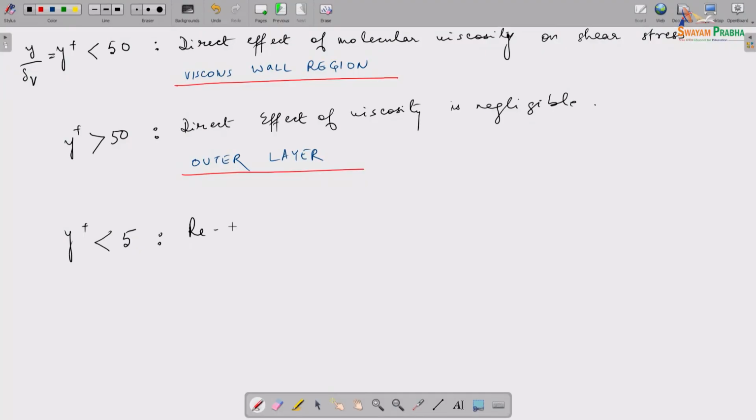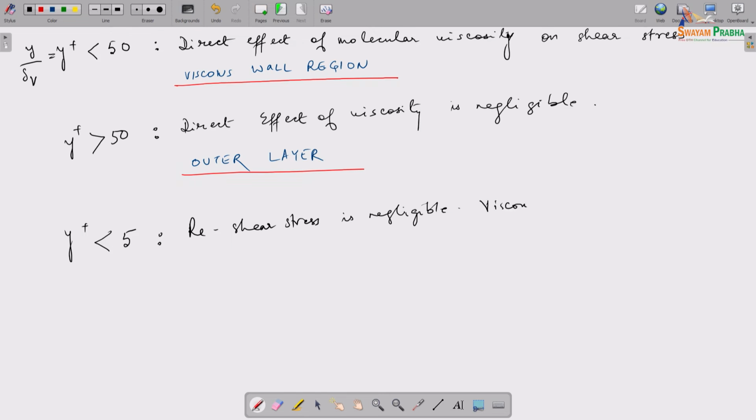So if I'm really at the wall or just about at the wall, a little bit around the wall, I need to give some numbers, right? That's what we're trying to do. So if this y plus is less than 5, then Reynolds shear stress is negligible, and the viscous shear stress dominates.